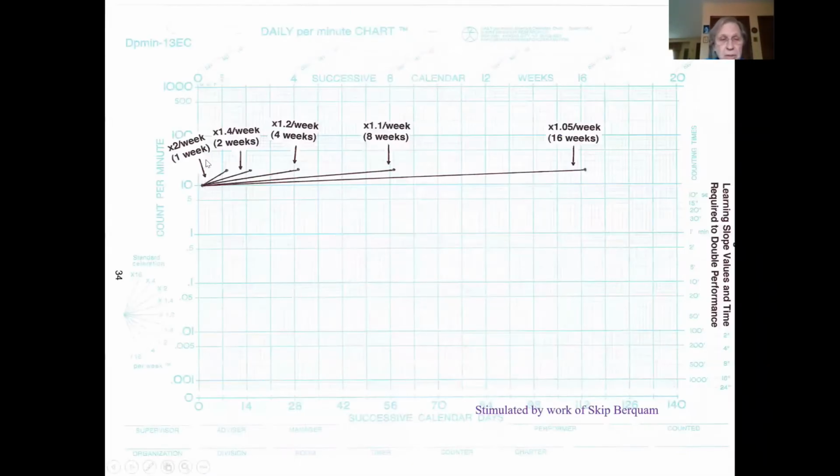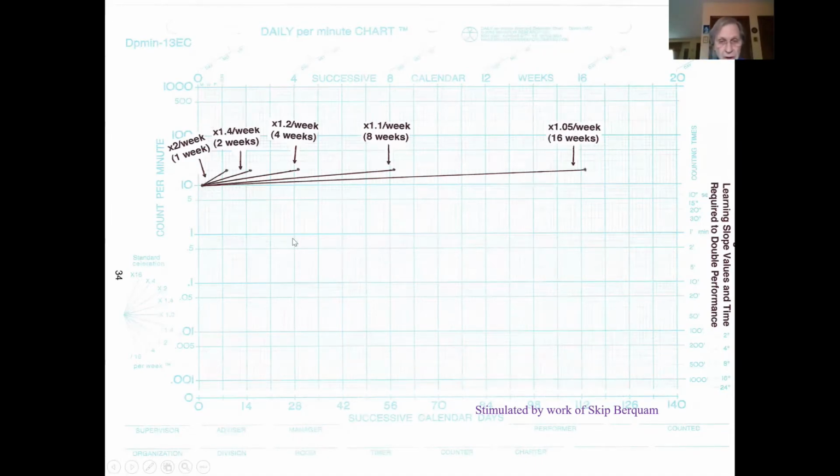Here's an example: if a student was at 10 and moved to 20 in 1 week, that would represent a times 2 per week, because as we said, we determine learning slope based on per week. But if it took 2 weeks to get to double, then that would be only a times 1.4 learning. 4 weeks would be 1.2, 8 weeks 1.1, and 16 weeks to double would be 1.05.